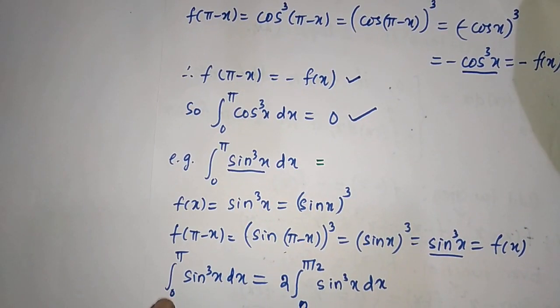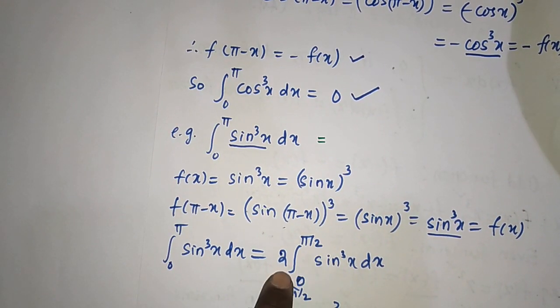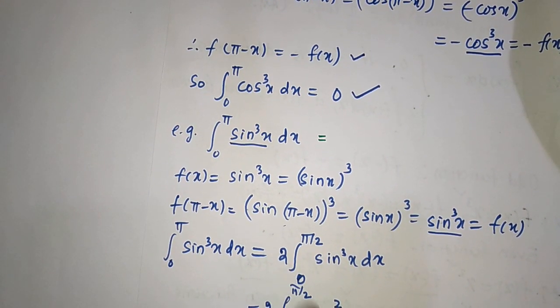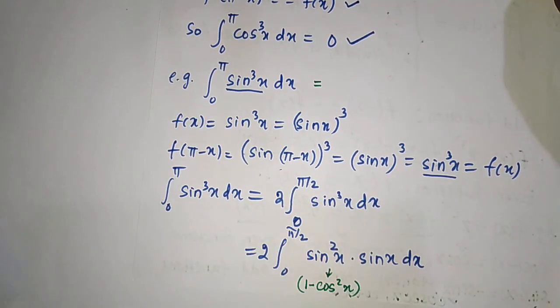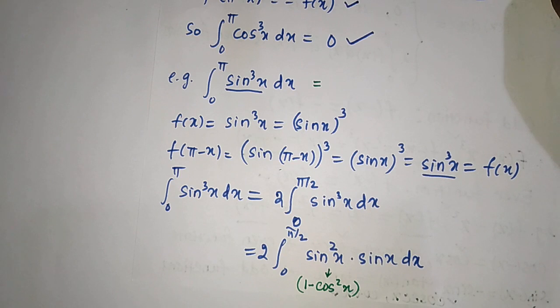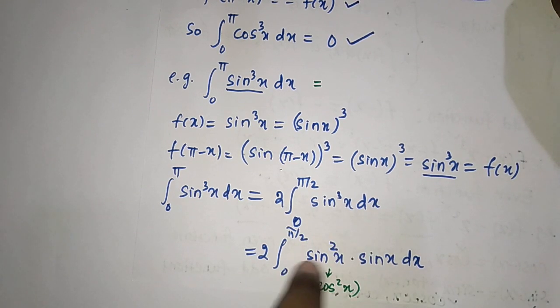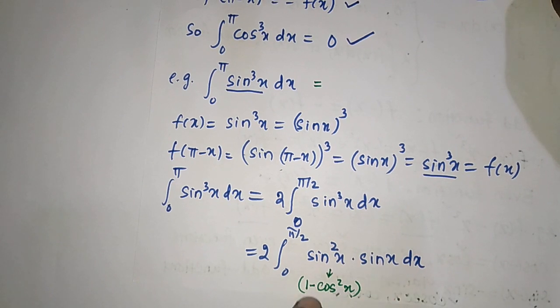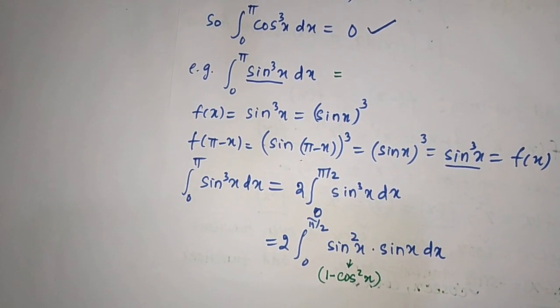So here it was 0 to pi, so it will become 0 to pi by 2, and 2 will be multiplied with the integration. Now you can integrate the function like the previous example. You can write sine cube x as sine square x into sine x, and put 1 minus cos square x in place of sine square x, then find its integration.